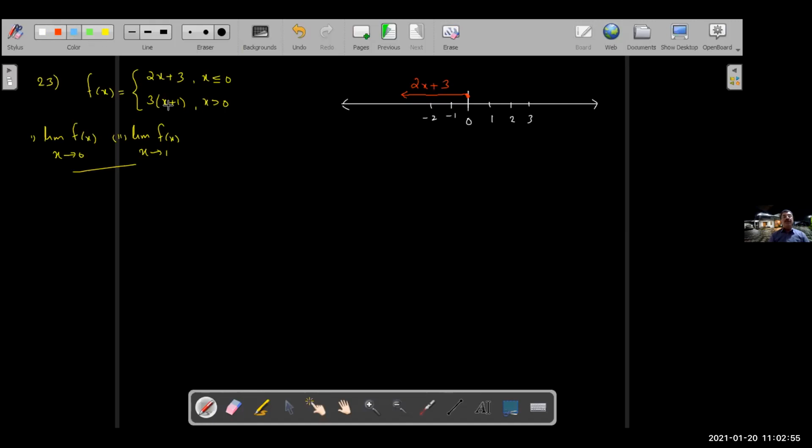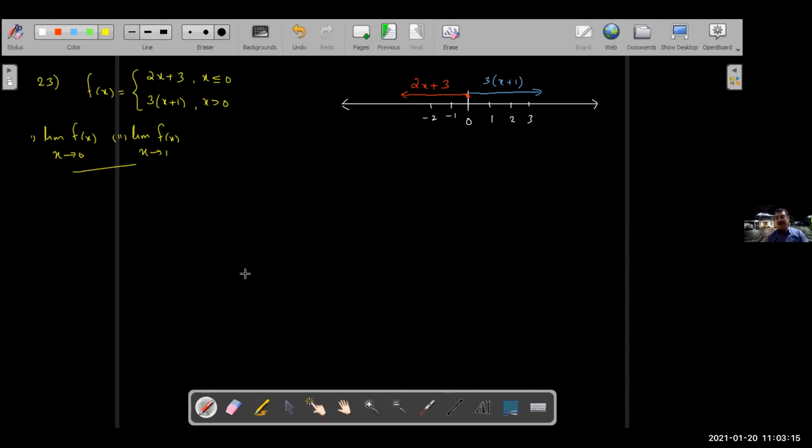Whereas towards right of 0, x greater than 0, the function is defined as 3 into x plus 1.